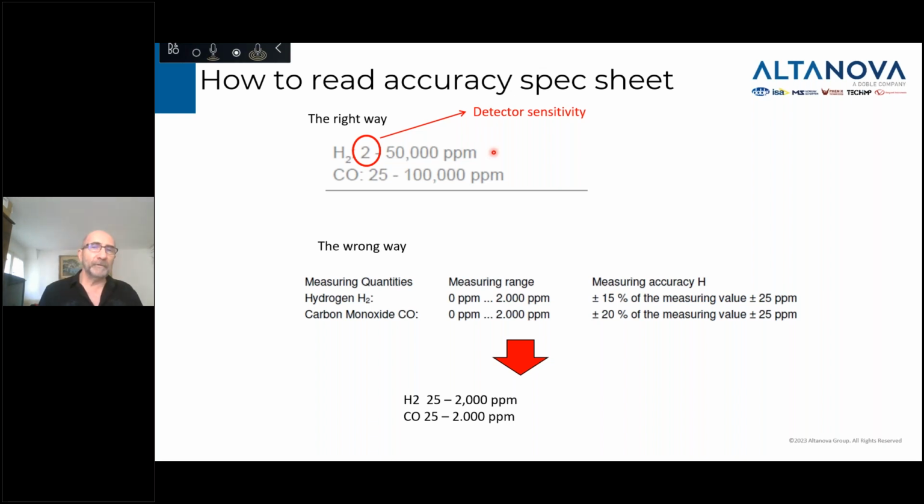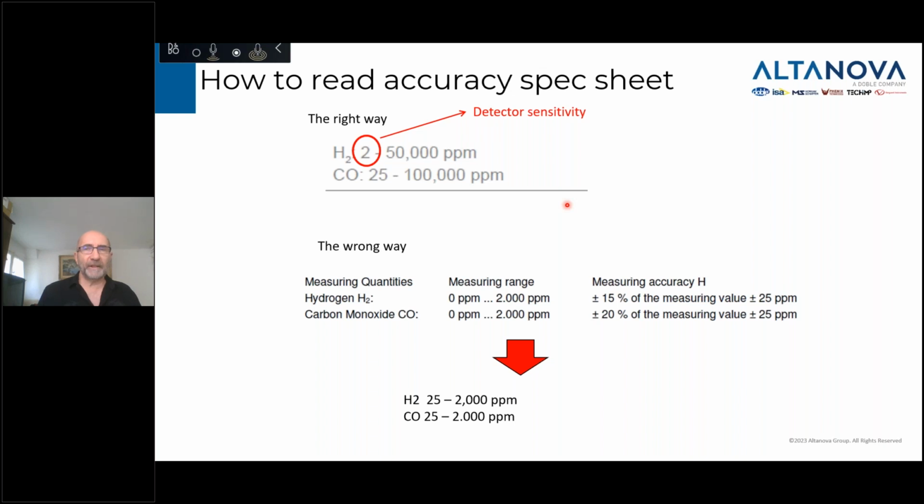So what you have to do in the process is dilute the sample. That now allows the detector to measure from 2,000 to 50,000. Normally this is the right way to read the measuring range of any equipment: lab, online monitors, or portable.